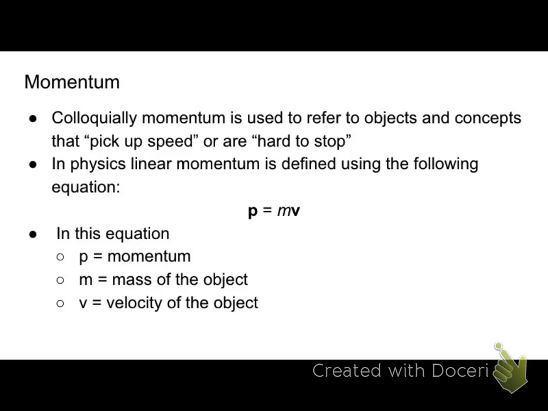So both velocity and momentum are vector quantities because if you take a scalar like mass times a vector like velocity, your final quantity will have a direction and therefore will be a vector. For momentum, the direction is just going to be the direction of the velocity of the object. So if your velocity is 10 meters per second to the north, your momentum's direction will be to the north.